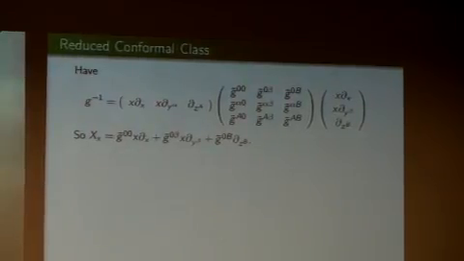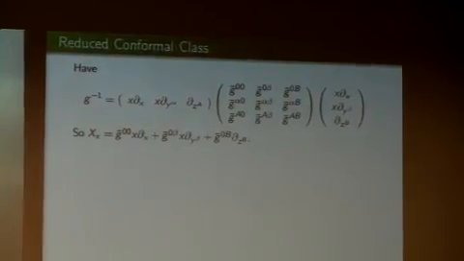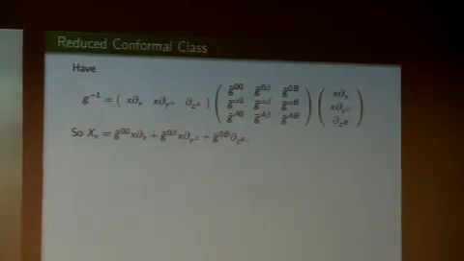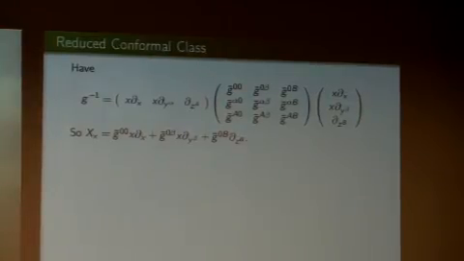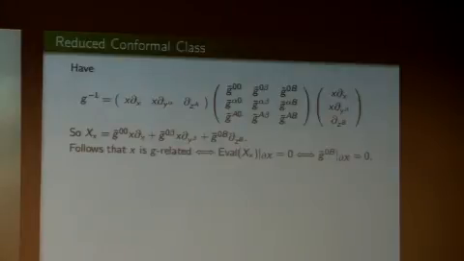Dx over x is the first vector in our dual basis, so we just take the first row times the basis vectors, and so this is the formula for the vector field of x we get. And so x being related says that when you evaluate that at the boundary, you get 0. So when you evaluate that, you get the g's. So the condition that this defining function x is g related just says that the upper rightmost block of the matrix is equal to 0 everywhere on the boundary.